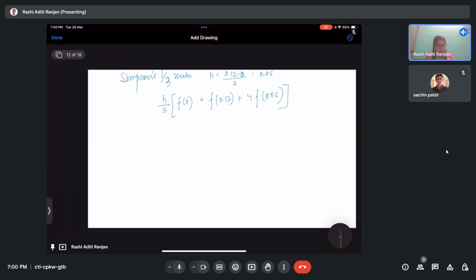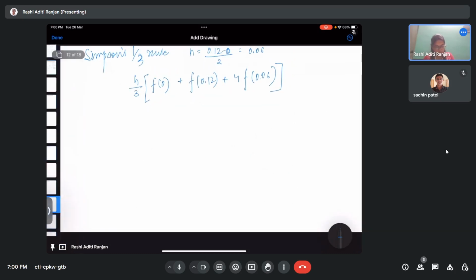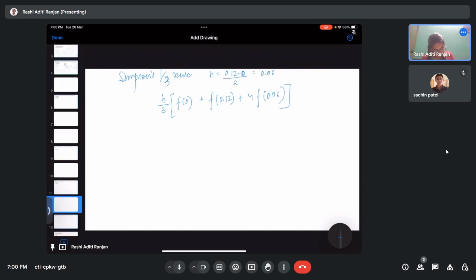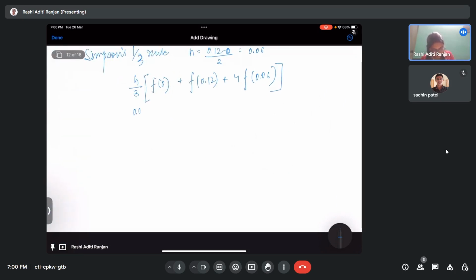So now if I put in the values, it would be 0.06 divided by 3, 2 plus 4 times, we have 0.06 to the power 3 minus 0.06 plus 2.